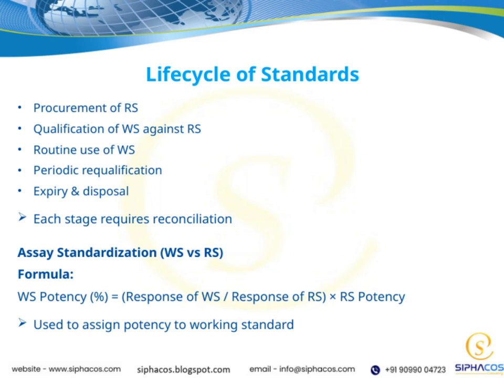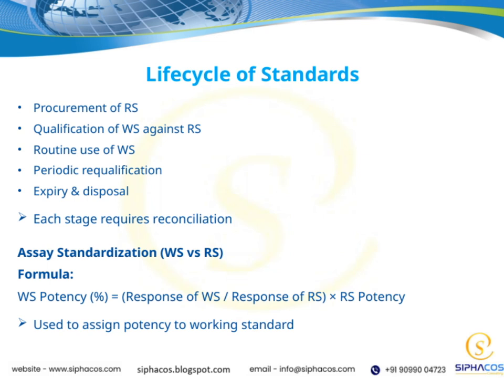Once qualified, the WS is used routinely in our testing procedures, but this isn't a one-and-done situation. Periodic requalification is necessary to confirm the WS remains accurate over time. And of course, when a standard expires or is no longer valid, proper disposal is essential to maintain integrity and compliance. Throughout this entire life cycle, each stage requires careful reconciliation to ensure consistency.